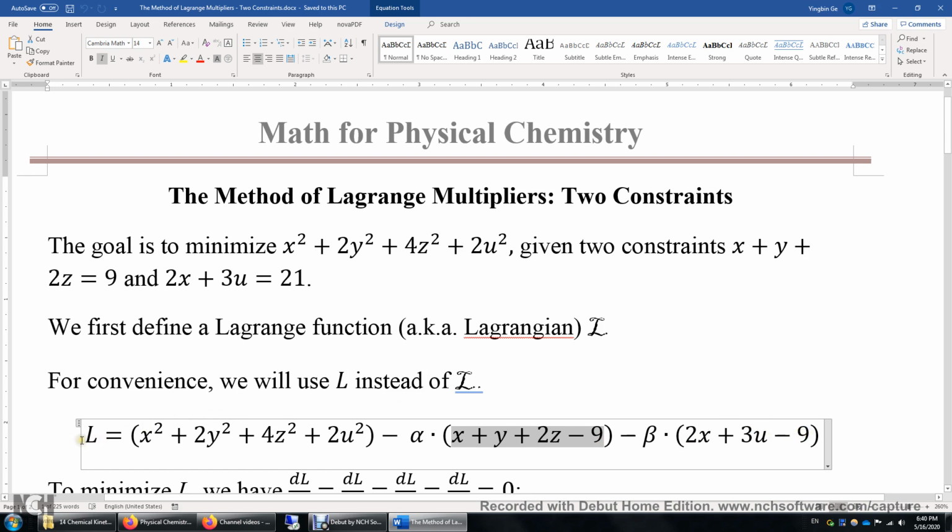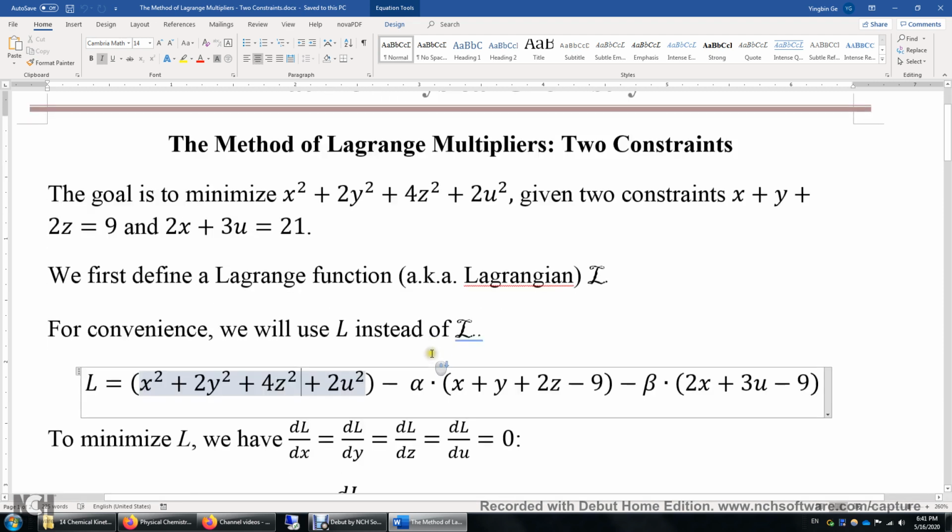So really, L is essentially the same as the function to be minimized, but with these two constraints included. This equation holds for any value of alpha and beta. We then just need to determine the values of alpha and beta to minimize the function.